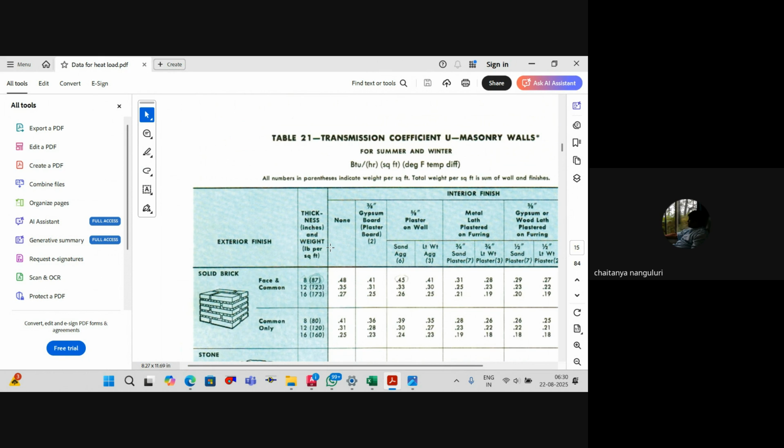So basically you have plastered it, not a raw finish. Let's say we have 5/8 inch plaster with sand aggregate. If you have done plastering, what is the U factor here? We got 0.45.